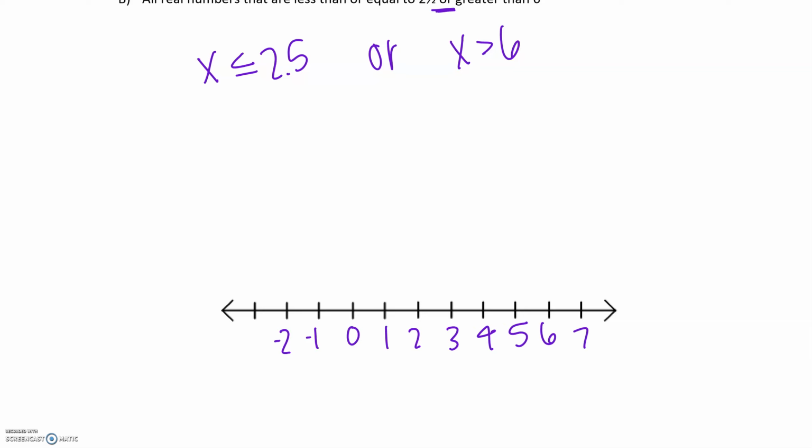Okay, so we have x is less than or equal to 2.5. So I'm going to go over to 2, go in between 2 and 3. We're going to have a closed circle, and we are shading it to the left. And at 6, we have an open circle and shading it to the right.